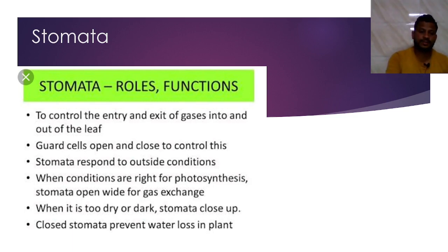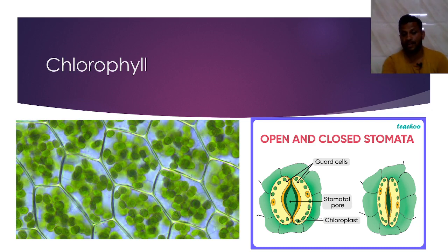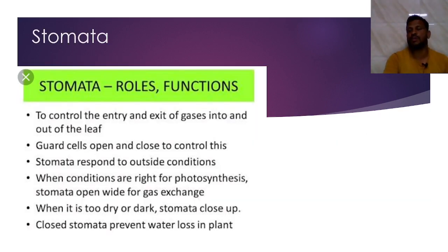This is the role and function of a stomata. Once again, we see the picture of a stomata here. It contains several parts: the guard cell, stomatal pore, and the chloroplast. On the other side, we see the chlorophyll, which is in the green color. This is the role and function of a stomata.